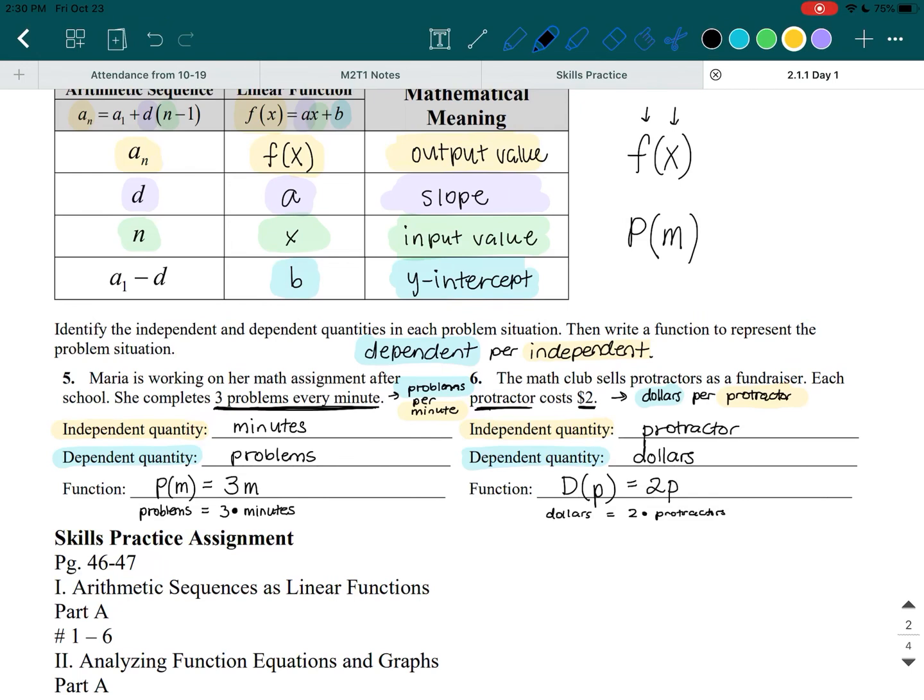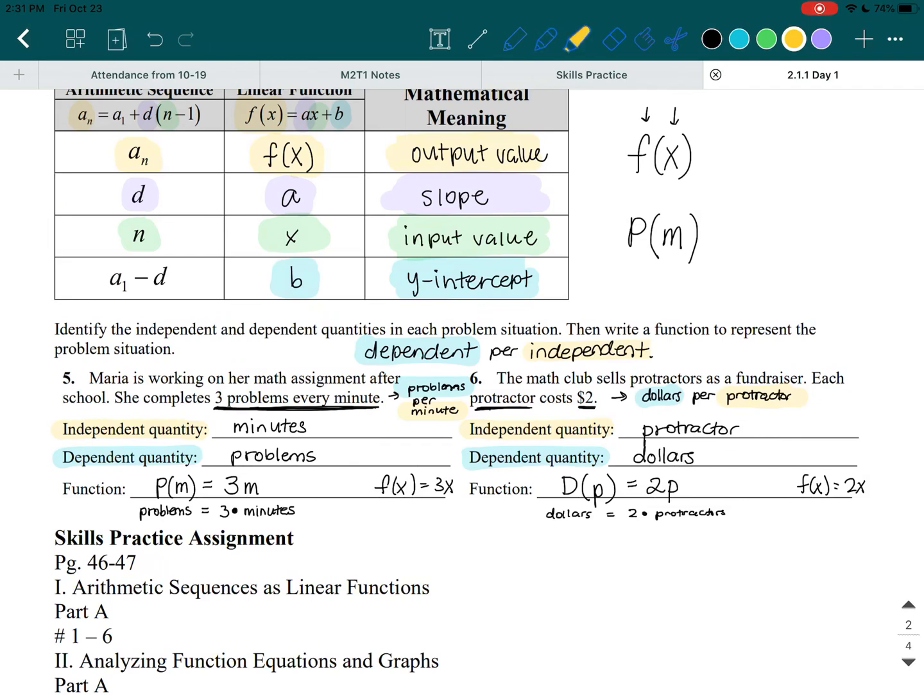So when you write your function, you can use any letters that you like. I just chose to use letters that represent our independent and dependent quantities. I think it makes it easier, but you could have used f of x. If you want to use f of x, number 5 would have looked like this. F of x is equal to 3x. And number 6 would have looked like this. F of x is equal to 2x, where x is your independent quantity.